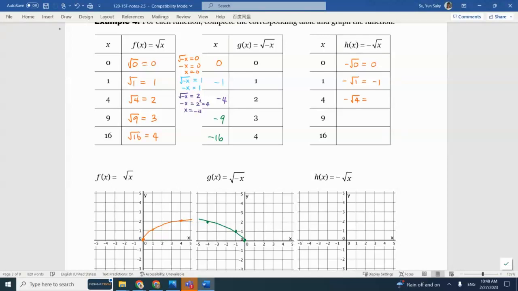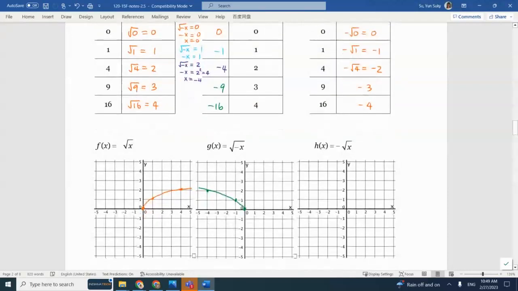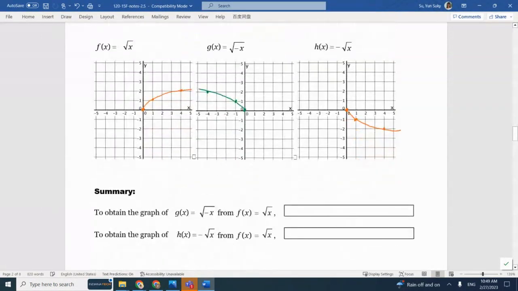Negative square root of 4? Minus 2. Next number, minus 3. Put those here. So 0, 0, 1, minus 1, 4, minus 2. Comparing to the original graph, do you see this graph is like a reflection over the x-axis? Yes, you put it down. Reflection over the x-axis.